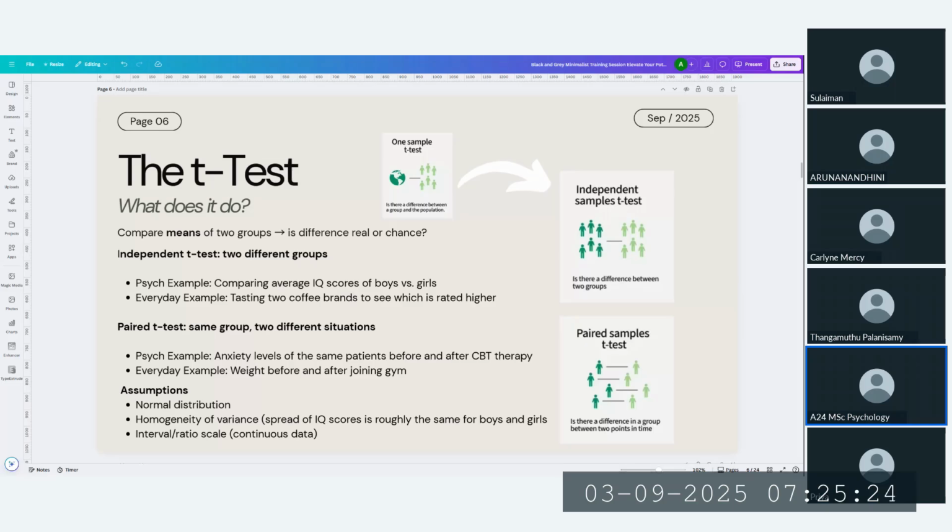Now, a paired t-test is the same group in two different situations. In psychology, for example, we measure the anxiety level of patients before and after CBT therapy by a standardized test. And another more common example is you check your weight before and after you join the gym. If you are like me, before you join the gym, you will have a weight.